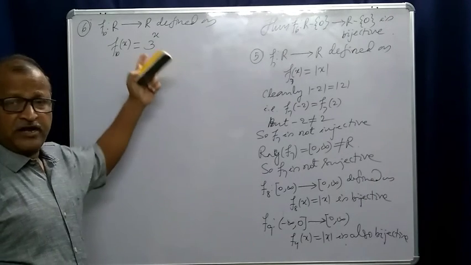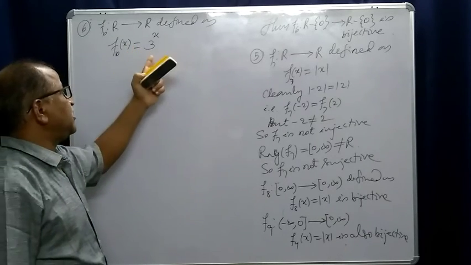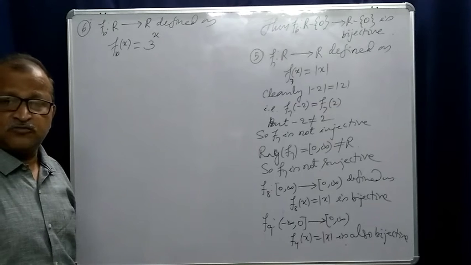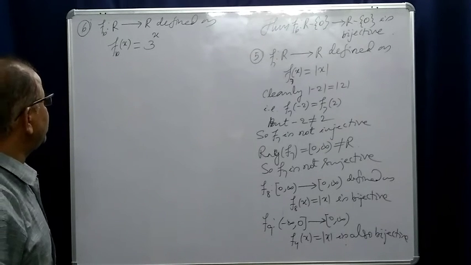We have a to the power x as the exponential. I have taken a particular exponential function, 3 to the power x. 3 is greater than 0 here.